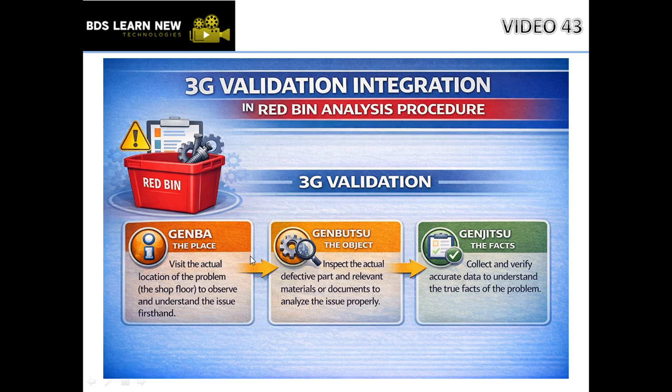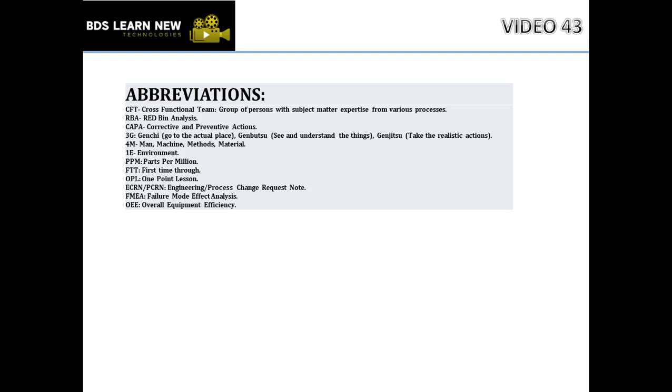Then Genbutsu means object. Inspect the actual defective part and relevant materials or documents to analyze the issue properly. Then we have Genjitsu, that is the facts. Collect and verify accurate data to understand the true facts of the problem.